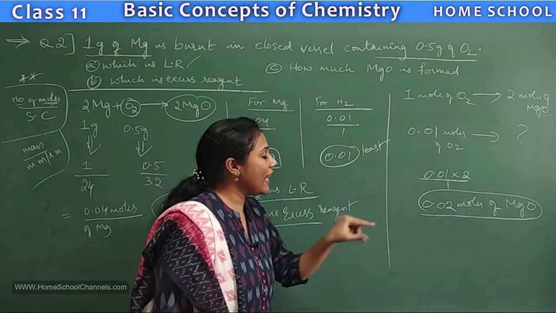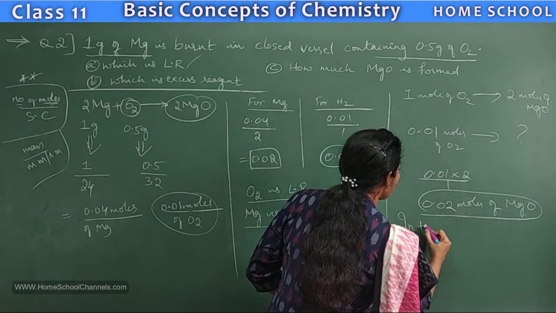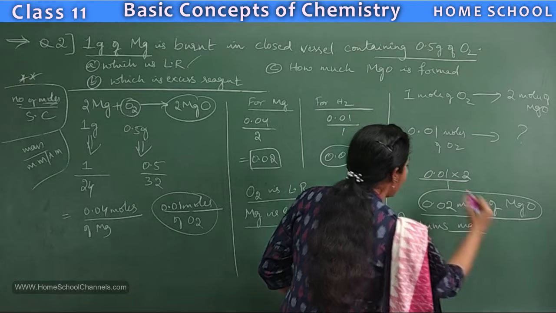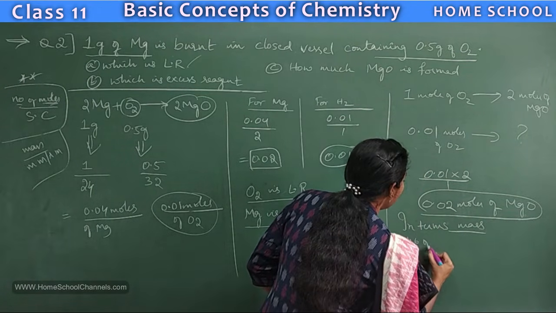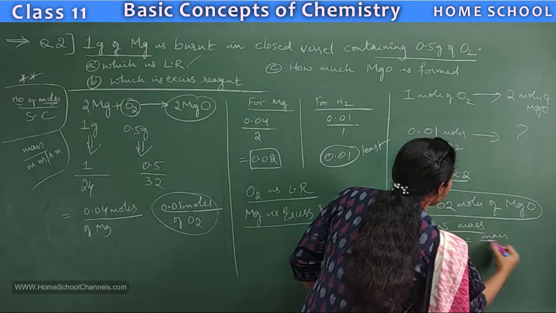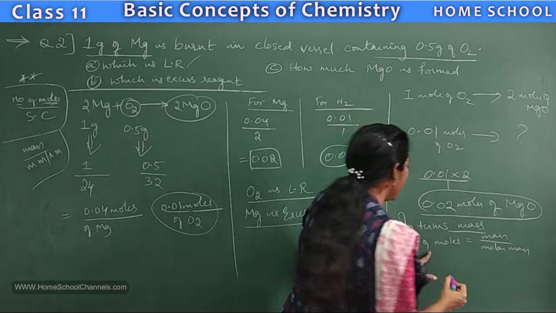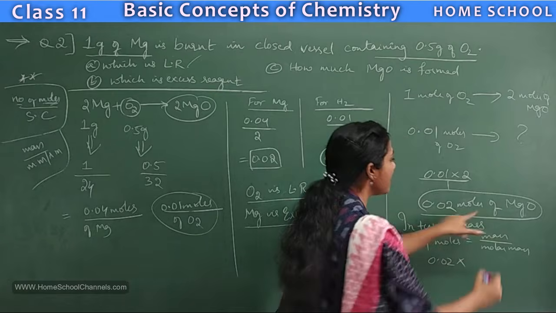But if they ask for your answer in terms of mass, then how do you calculate? We know the formula: number of moles is equal to mass by molar mass. Number of moles we know is 0.02, into the molar mass of MgO.